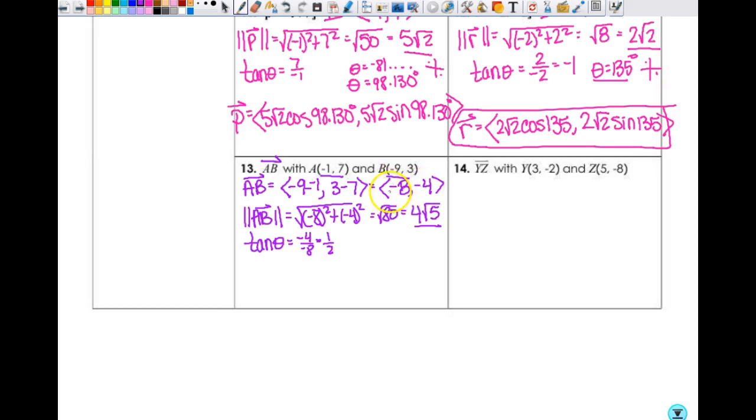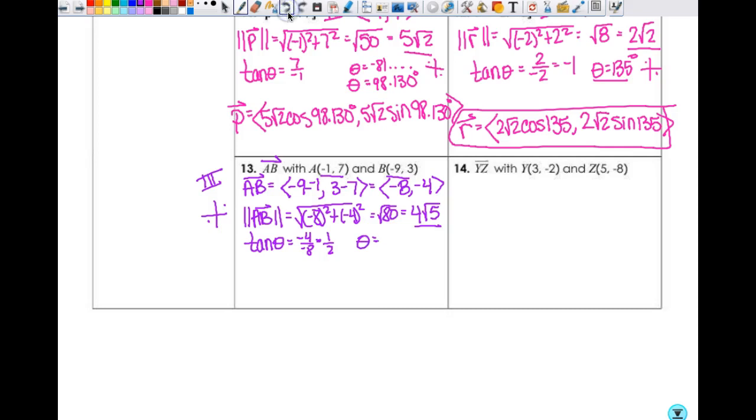This negative 8 and negative 4, that's quadrant 3. When you get your 26 degrees, whatever, out of the calculator for this, then that's in quadrant 1. We want quadrant 3, so we add 180. That's what I was about to write.